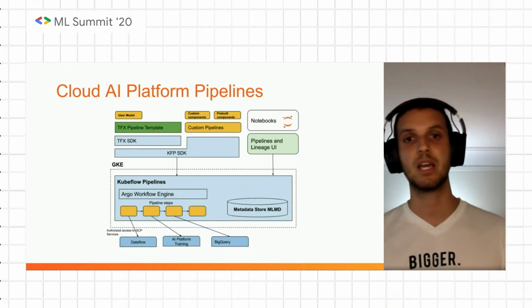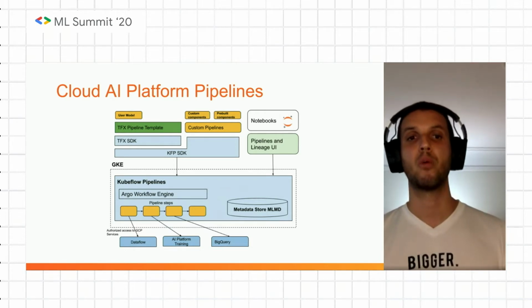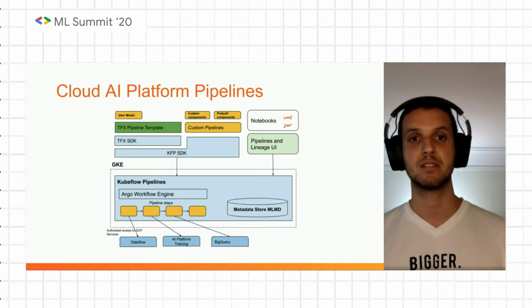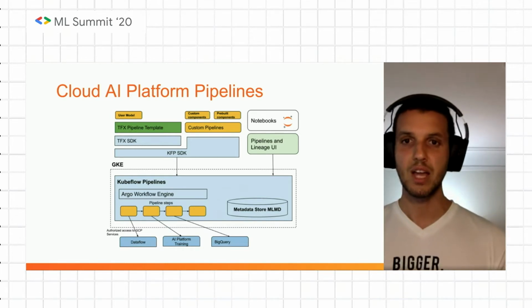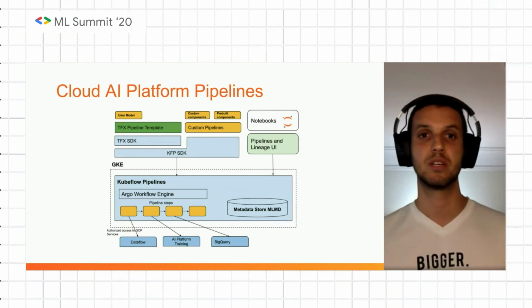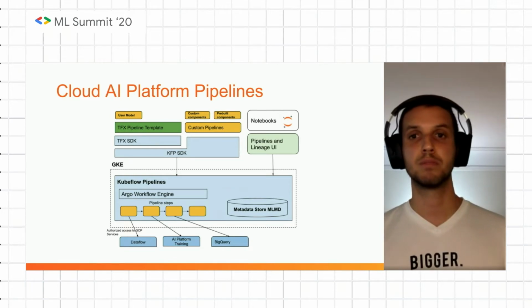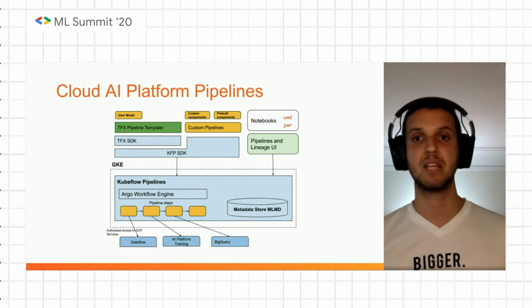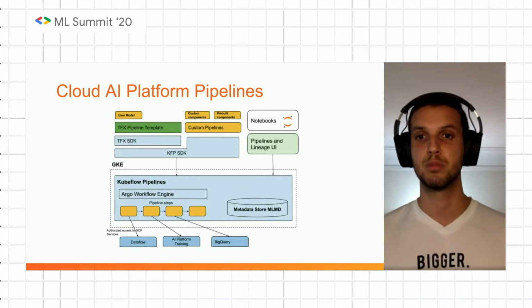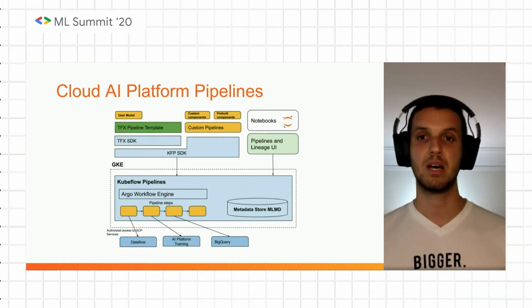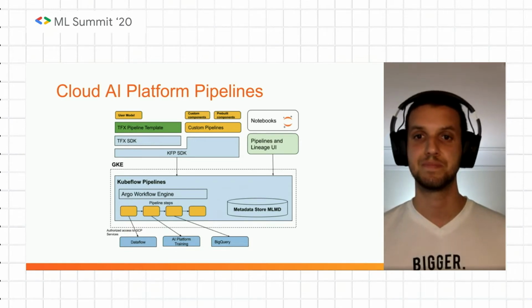We have our SDK. We also have the Kubeflow Pipelines SDK, where the TFX SDK is implemented and extended. We also have custom components, pre-built components, and we can use notebooks. In AI Platform Pipelines, we don't have a native notebooks implementation; for that we use AI Platform Notebooks, which is outside of the GKE cluster.